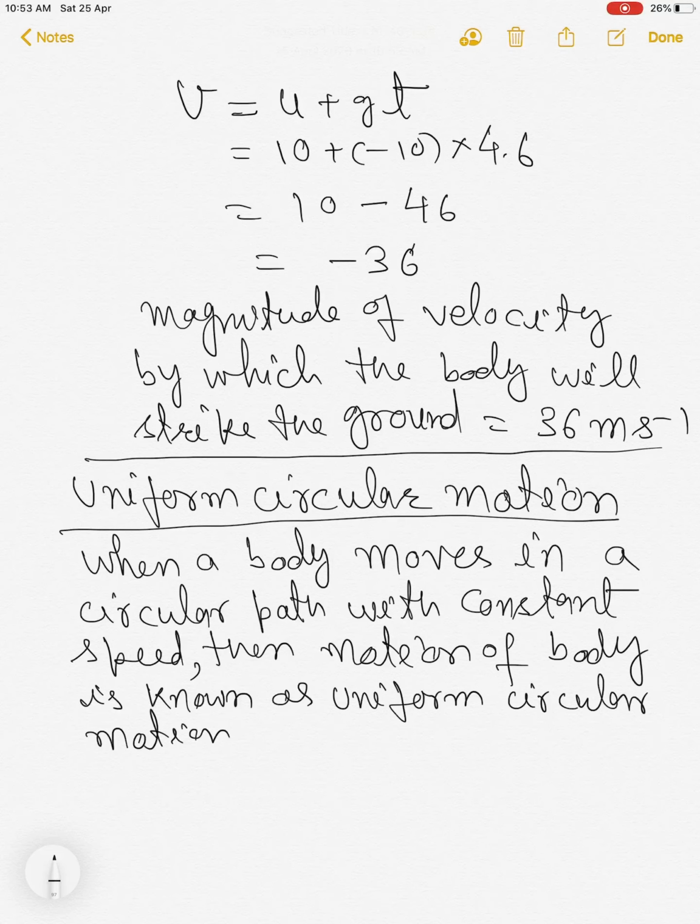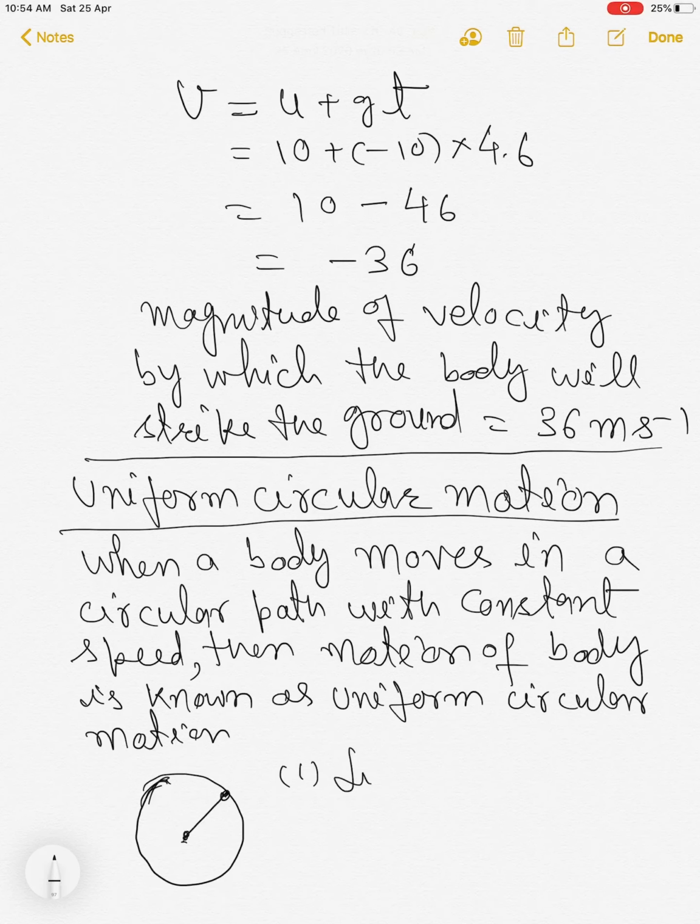We can show by the diagram that it is a circular path, and the body is moving in this path with constant speed v. So there are two types of speed in this uniform circular motion.